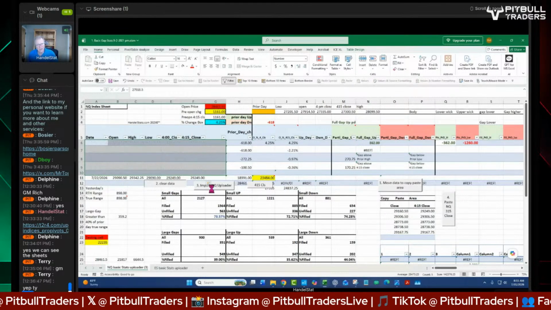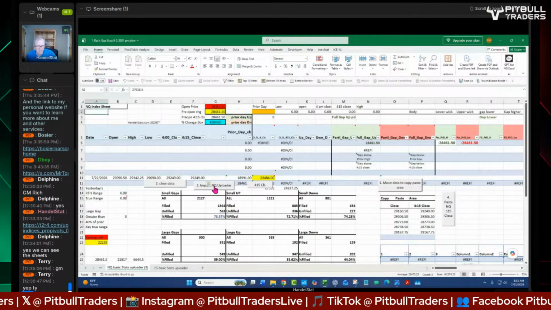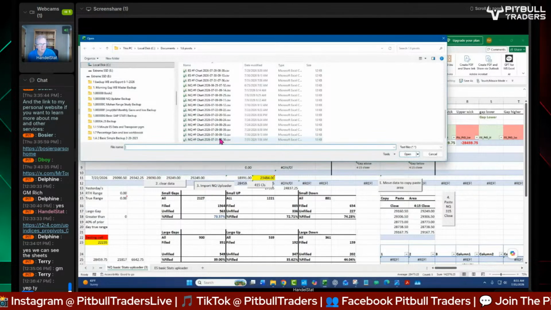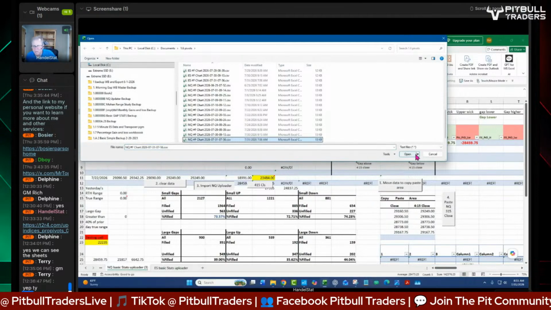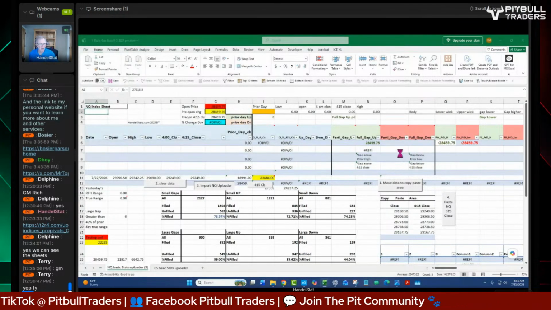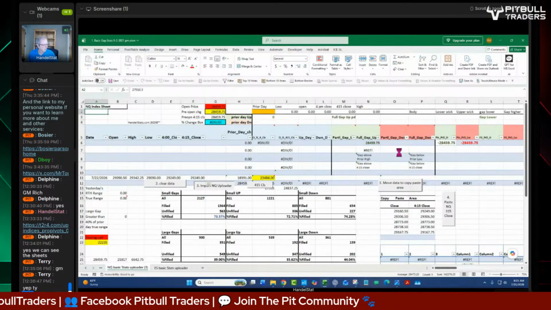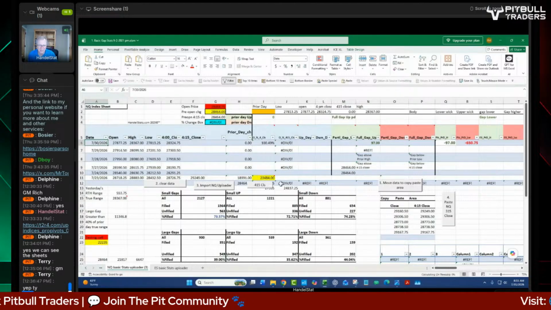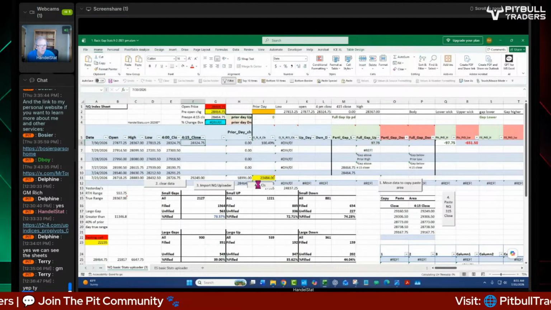Clear. Import. Yeah, that's right there, 731, open. Load. And then go 415 close.